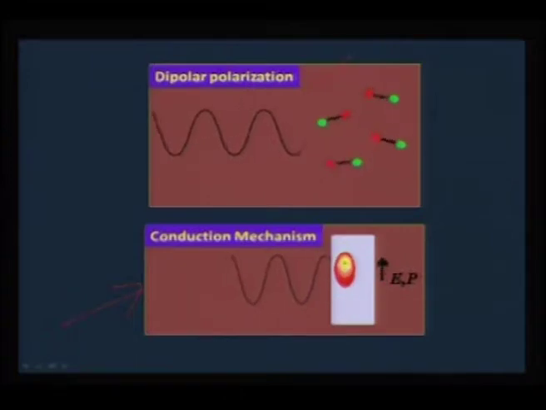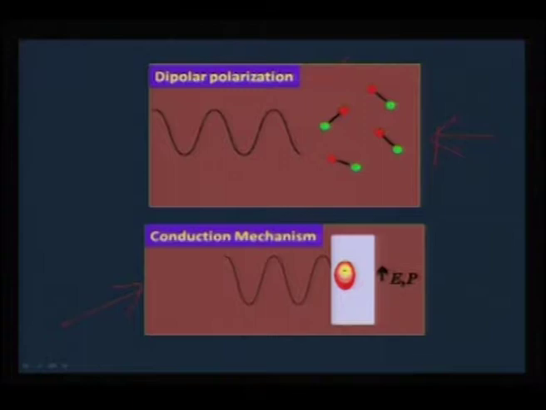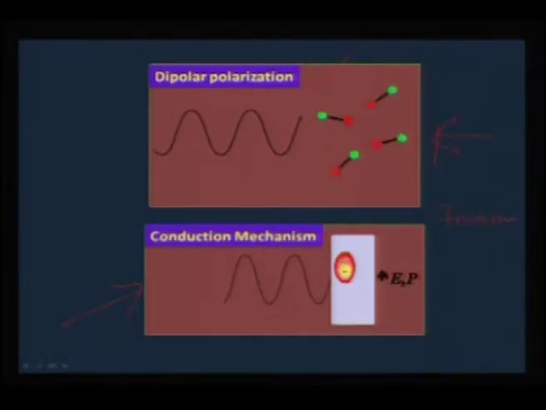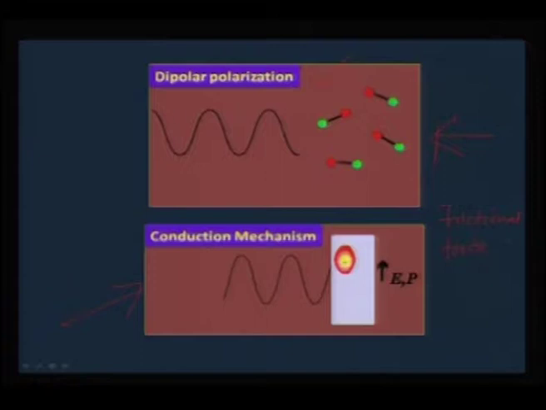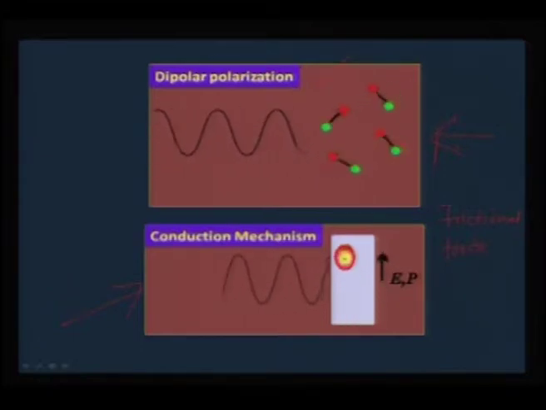In either case, this oscillation brings about frictional force. When there is frictional force with the neighboring molecules, there comes heating. This is not a breaking of bonds; the heating comes from frictional force arising from the dangling of these bonds. As a result, local heating is generated.